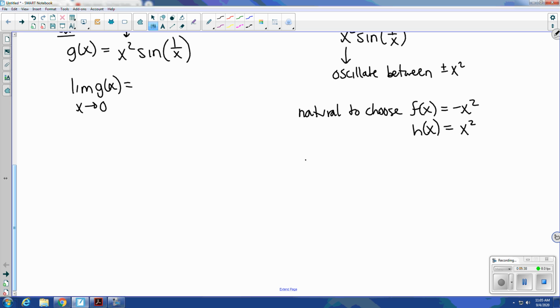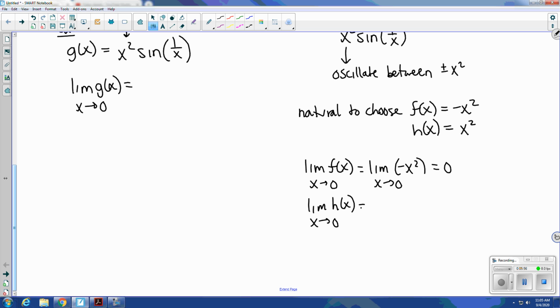Now, if I evaluate the limit of f of x as x approaches 0, that's just the limit of negative x squared as x approaches 0, which through direct substitution is just 0. And then the limit of h of x as x approaches 0 is equal to the limit of positive x squared as x approaches 0, and through direct substitution, I get 0.